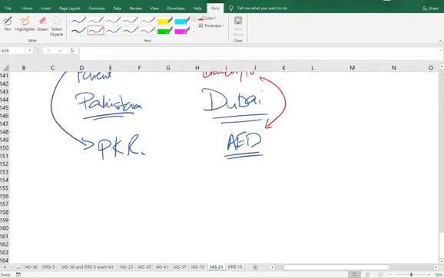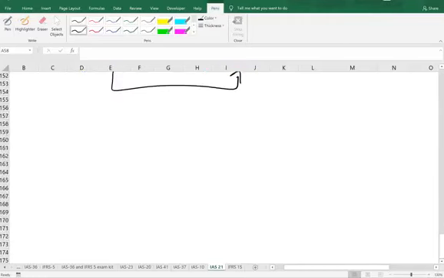How will this Pakistani company consolidate this Dubai company or Dubai branch? That's the problem. Okay. Now, at the date of acquisition, I'll start from the very beginning. When the Pakistani company acquires, I'll briefly explain this, because when we look at the topic of consolidation, we'll literally do consolidation questions on it, so that you guys understand it better from the numerical point of view.